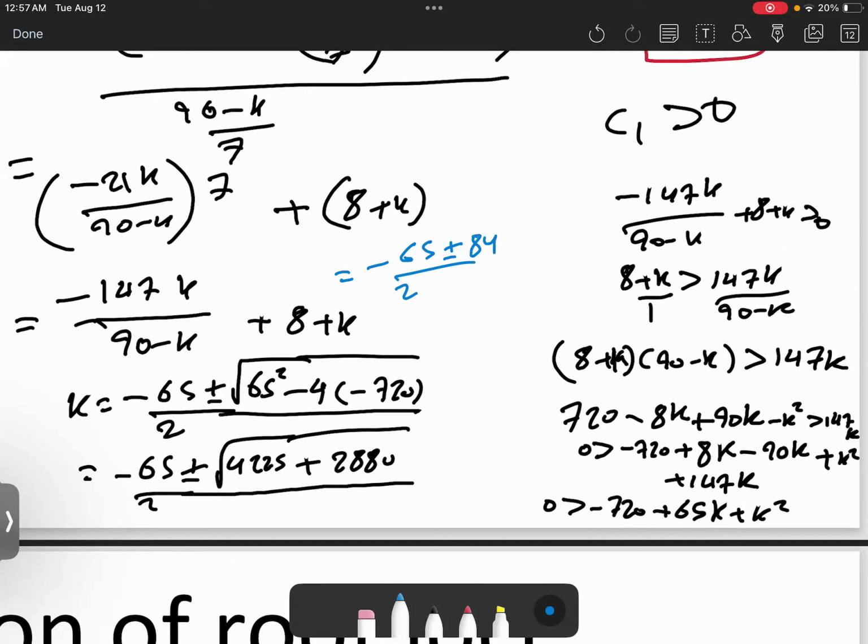So negative 65 plus 84 will be 19, divided by 2, it will be 9.5. That's the first root. The second root, which is negative 65 minus 84, will be negative 149 divided by 2, then it will be negative 74.5.